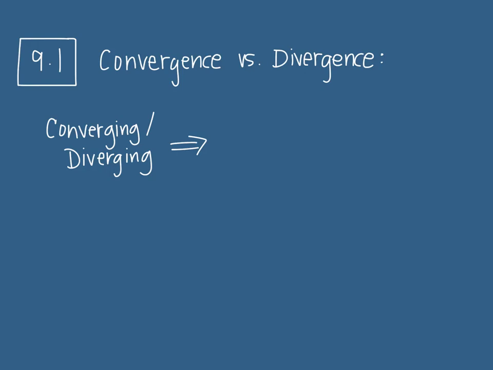All right, chapter 9 and chapter 10 are all about convergence and divergence. So we're going to talk about how that applies to three different things. First, we're going to talk about how it applies to sequences. Then we're going to talk about how that applies to integrals that diverge or converge.